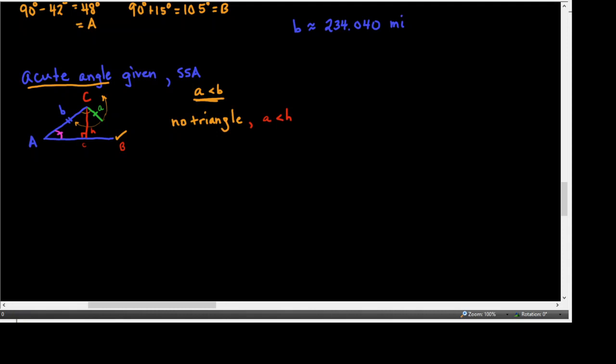Well, if you notice, the drawing in of the altitude created a right triangle, with AC the base of the altitude. That's a right triangle. And how would angle A that's given and side B, which is part of that triangle, the hypotenuse in fact, be related to side H, the leg of the triangle opposite A?